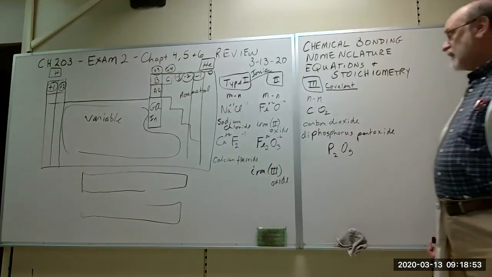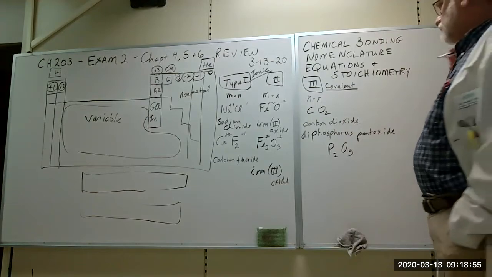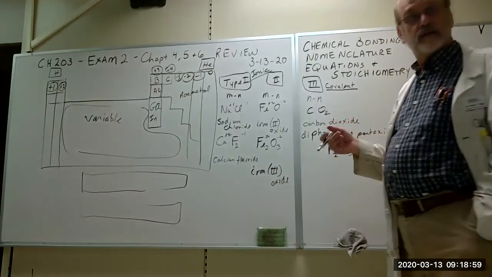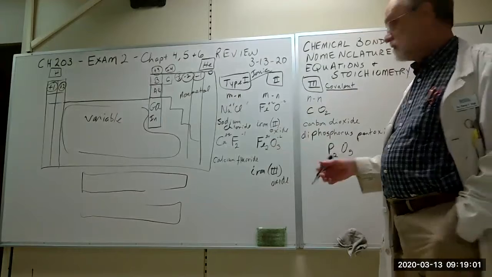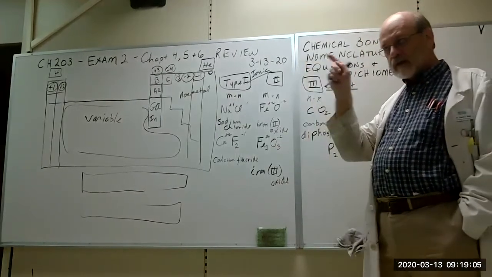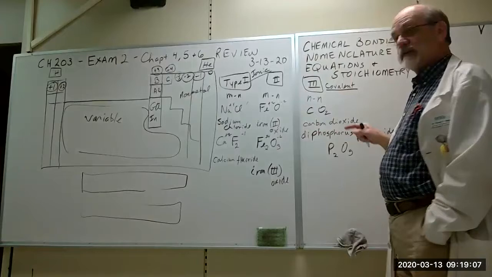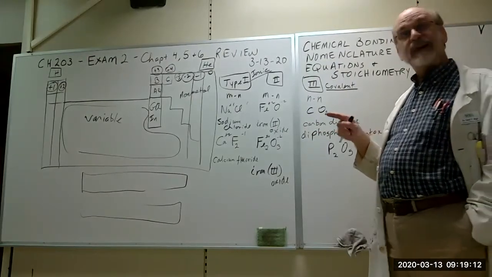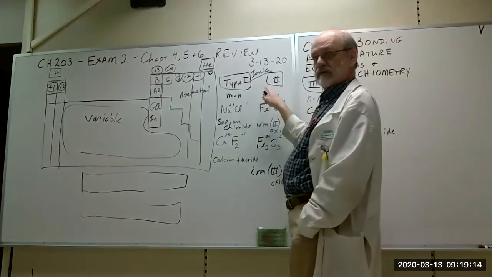Okay. So if you're faced with a choice that you have to make, so you're naming something, you're given the compound, then you look to see where do they come from. Is it a metal, non-metal, or a non-metal, non-metal? If it's a metal, non-metal, it's got to be one of these.